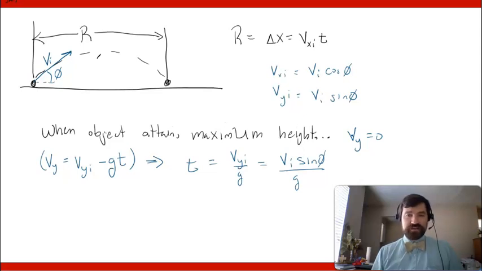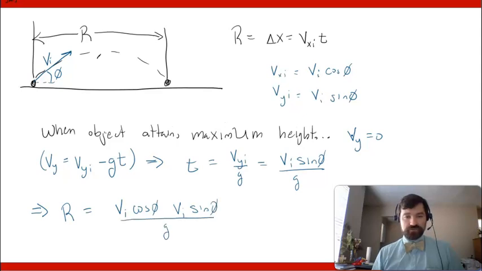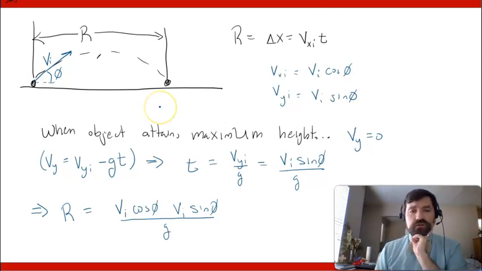If we plug that in for time into the range equation, it follows that the range is given by v initial cosine phi times v initial sine phi all over g. Now we can invoke a trig identity, with one little caveat, because I've used t for two things here.